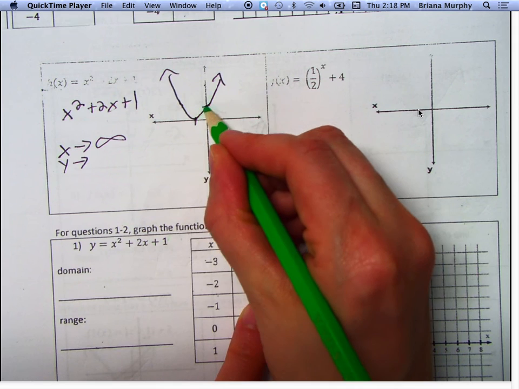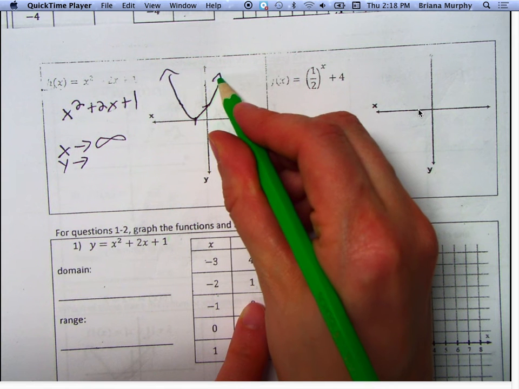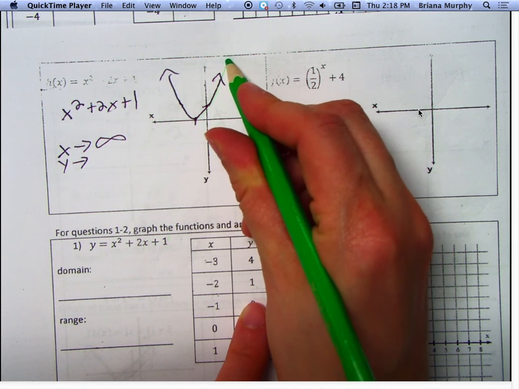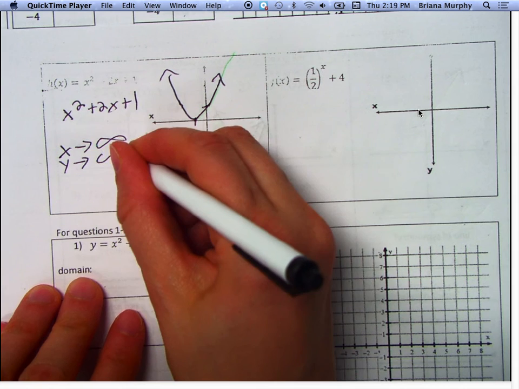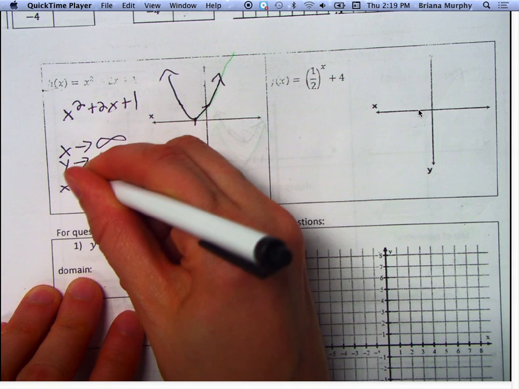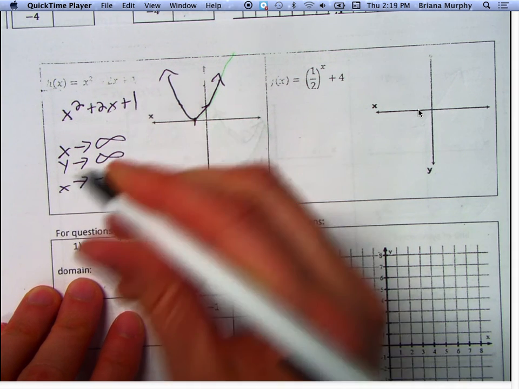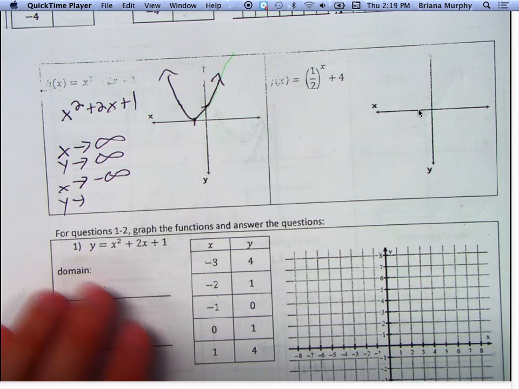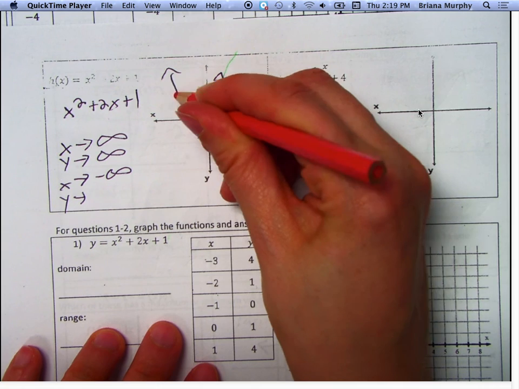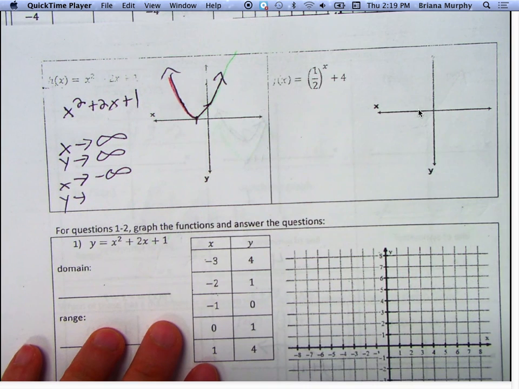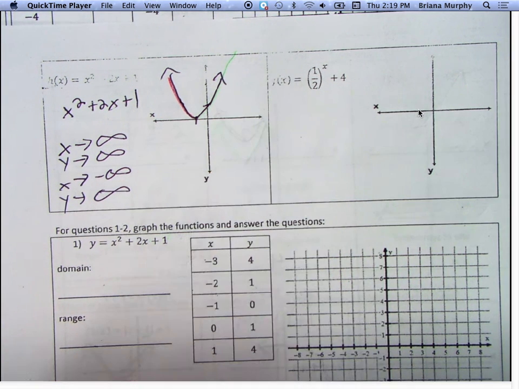What's happening to y? Where is it going towards? Yes. If x is approaching negative infinity, where is y going? So I follow my line, and I'm going to go to the left, because that's where x gets smaller. Positive infinity.